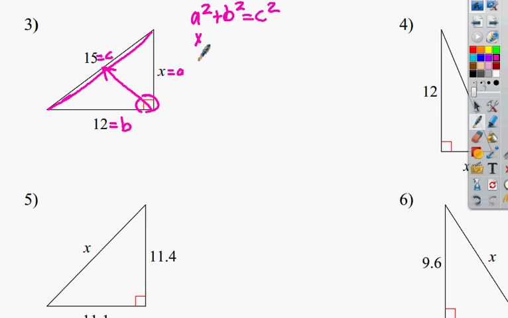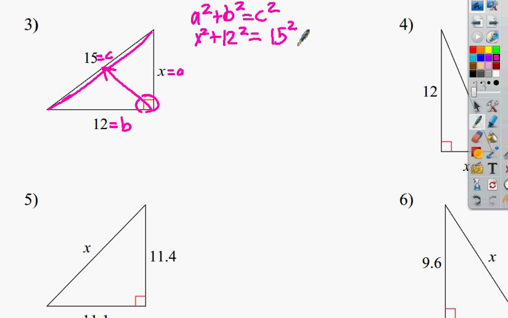So I start with x squared, because a is x. I put x where a is. B is 12. So I say plus 12 squared. And c, I decided, was 15. So I do 15 squared.